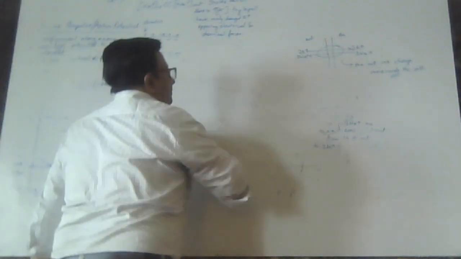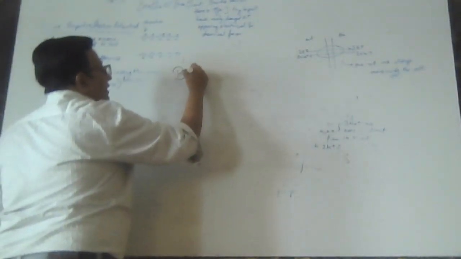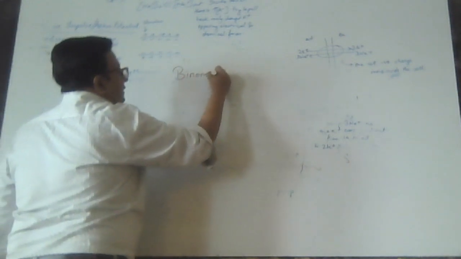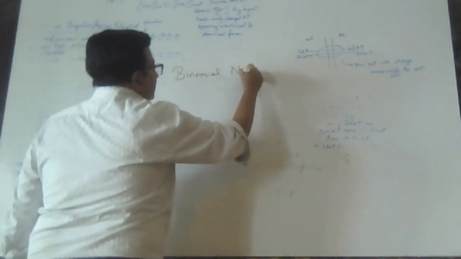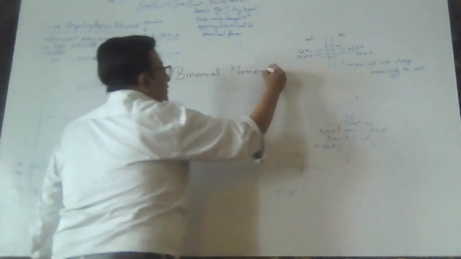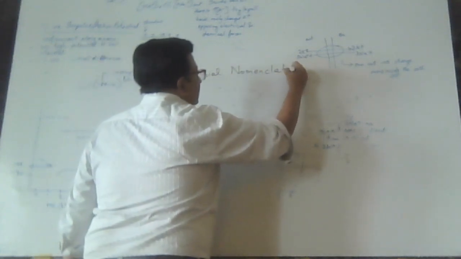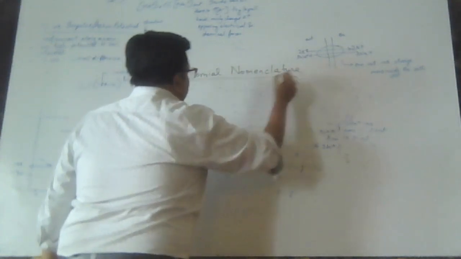Now, while naming, the following things apply. First principle which is used is binomial nomenclature.